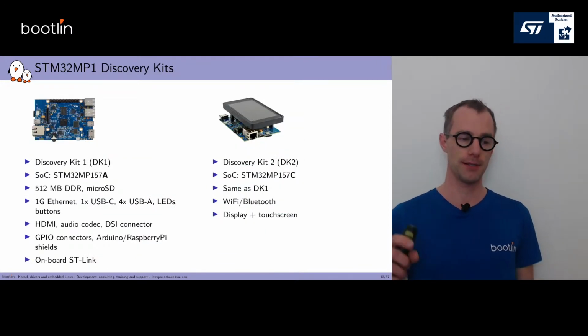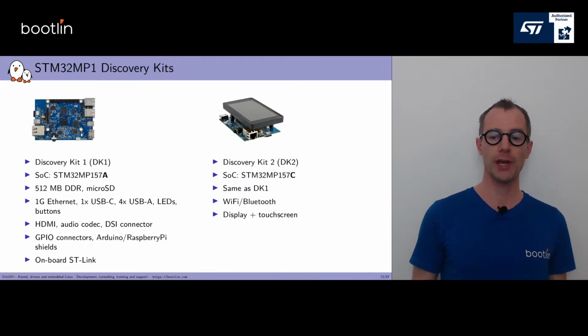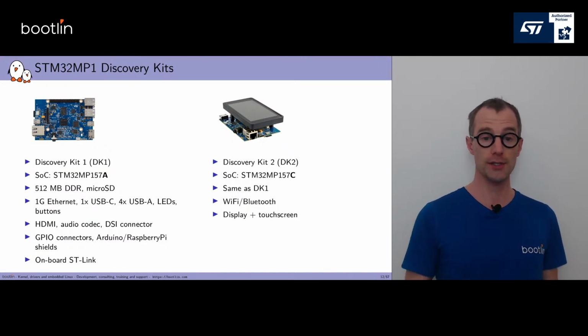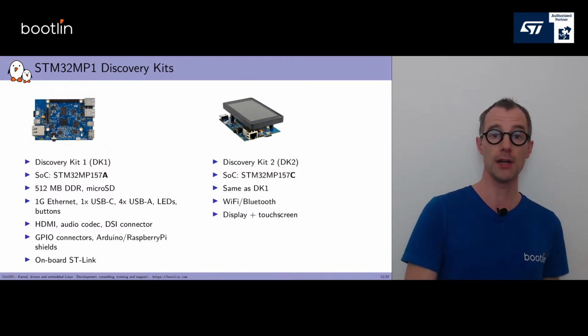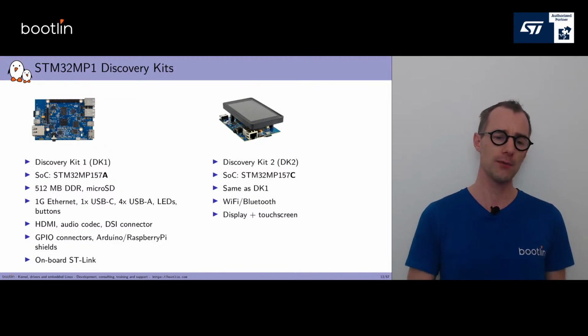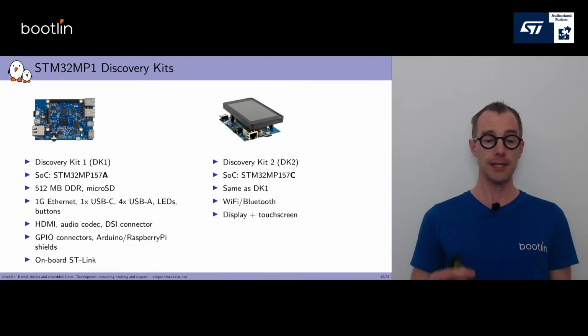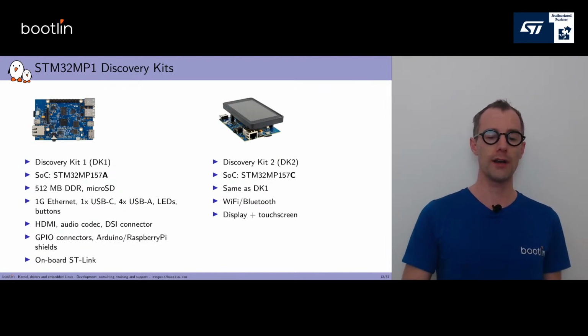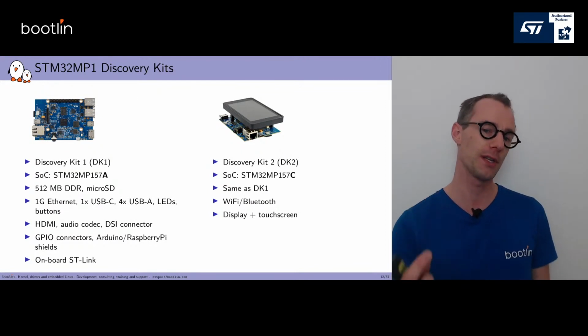Based on these SoCs, ST has put together a number of different evaluation kits, and especially 2 discovery kits, the Discovery Kit 1 and Discovery Kit 2, which are relatively inexpensive evaluation boards for these SoCs. So let's start with the DK1 on the left side of the slide. This DK1 is using the 157A SoC, which is almost the highest end one. It's just that it doesn't have the security aspect.